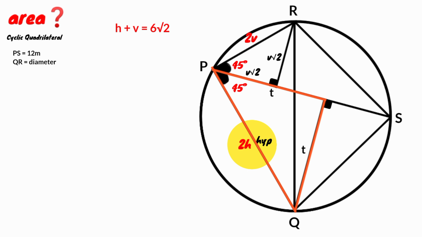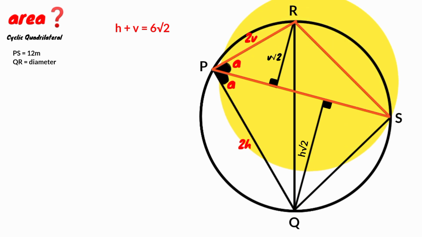So using the Pythagorean theorem, 2h all squared equals t squared plus t squared. T squared plus t squared is 2t squared. 2h all squared is 4h squared. 4 divided by 2 is 2. Take the square root of both sides of the equation. Here square root of t squared is t, while here square root of 2h squared is h root 2. So t equals h root 2. Put it here.